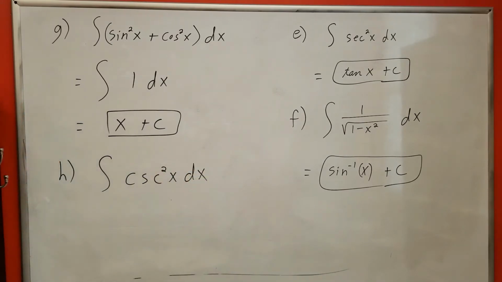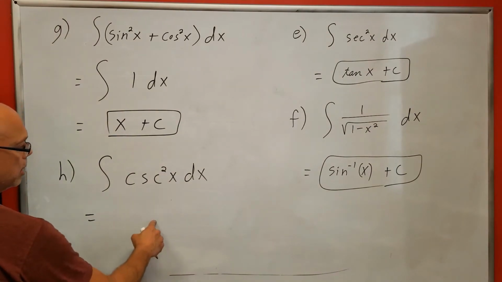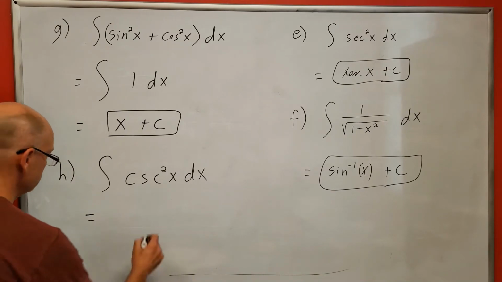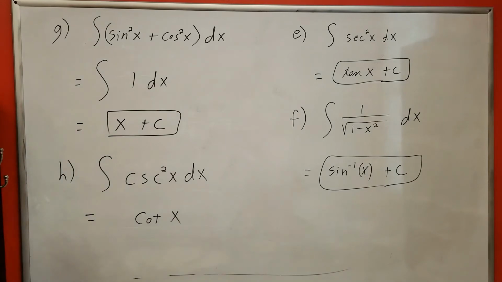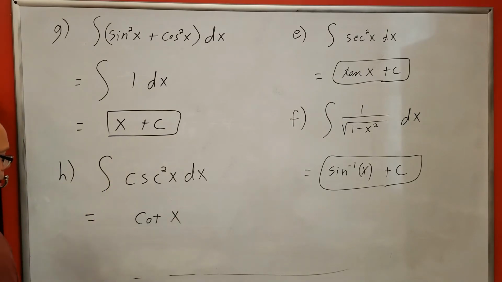Antiderivative of cosecant squared. Okay? What do I take the derivative of to give me cosecant squared? Is it the cotangent of x? The derivative of cotangent of x will give me what? Negative cosecant squared. But I have a positive cosecant squared. So I need to put a negative sign right there, right?